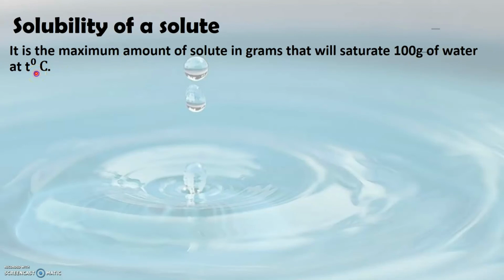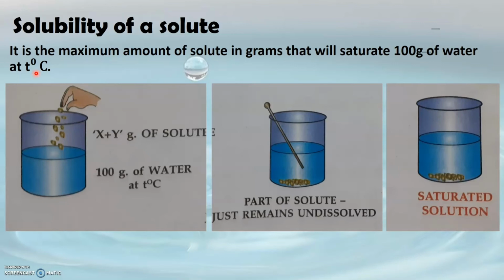Now let's look into this case which we have already seen. We have seen that when X plus Y gram of solute is added to 100 grams of water, which is the solvent here, even after mixing, there is some part of solute which remains behind as undissolved solute. What we finally got is a saturated solution, because the solution is no more able to dissolve any extra amount of solute in it.